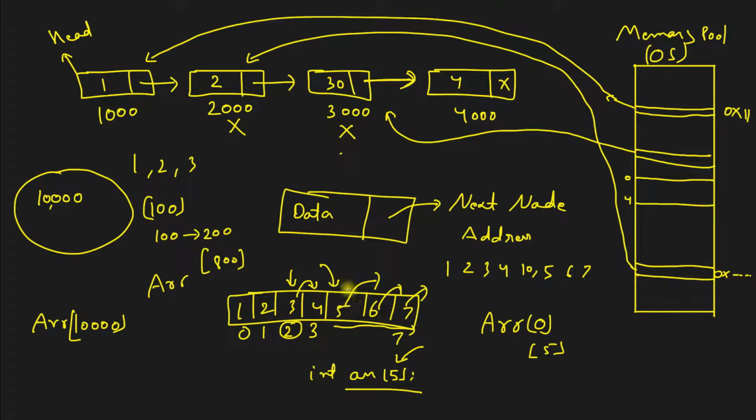I have to literally copy 5 into this place, 6 into this place and 7. Let's assume we have another place for 7 here. Okay, so now we have the room here and then we will write our 10 here. Getting my point? So there is a very big move, and the time complexity of that move you can consider n, because maybe you are inserting at the first position only.